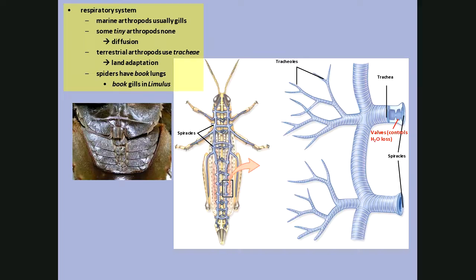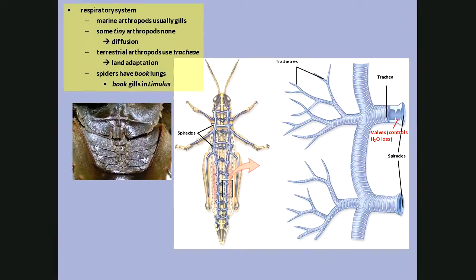But what happens with these tracheals is they get so small that there's no cell in the organism's body that's so far away from a tracheal that diffusion won't supply it with its needs to move materials around.